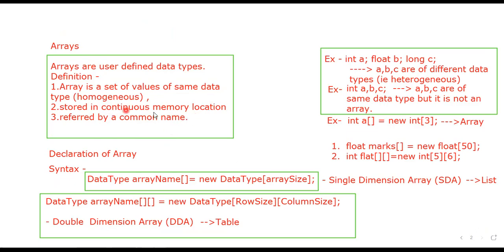An array is stored in continuous memory locations and is referred to by a common name. Then the declaration of arrays and the syntax, and we have seen examples. We learned about heterogeneous and homogeneous. Then array types: single dimension array and double dimension array.